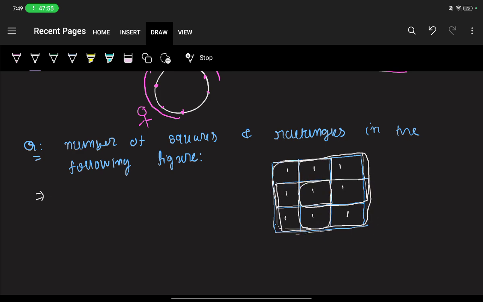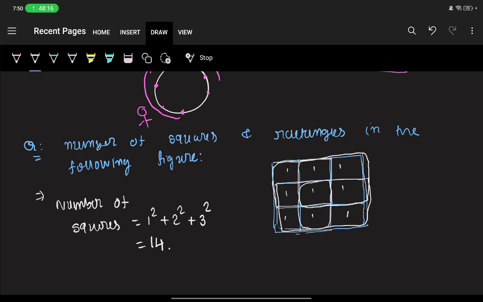Yes, sir. So here you can write the number of squares as 1 square plus 2 square plus 3 square, okay? That will be equal to 14, alright?